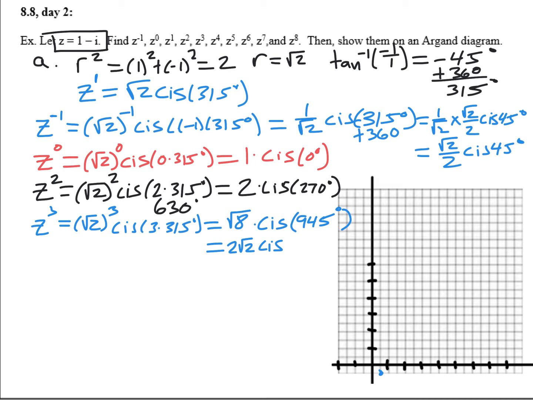So I take 945, and I'm just going to subtract 360 until I get back to an answer that I'm looking for. I got to subtract it twice, and you'll get 225.